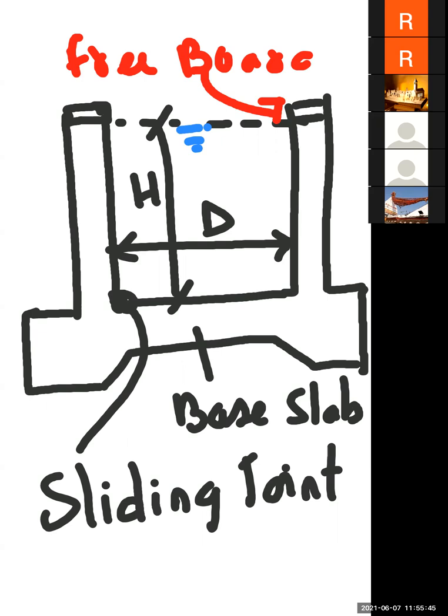And the deformed or deflected shape of the wall due to water inside it, due to the pressure on the wall, we will show like this.